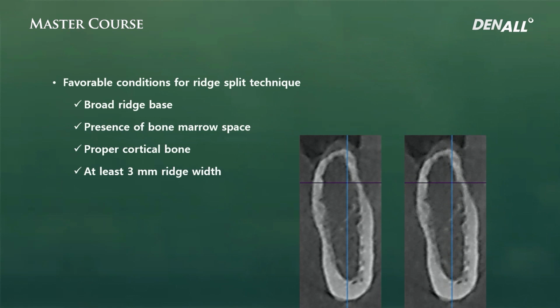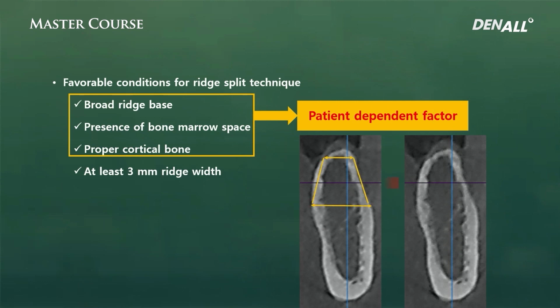If the patient has a broad ridge base and has sufficient bone marrow space and the proper cortical bone, the ridge width needs to be at least 3 millimeters. This is the most favorable condition. The above three factors are patient-dependent factors. We cannot make them for the patient, but 3 millimeters of ridge width, we can make for the patient.